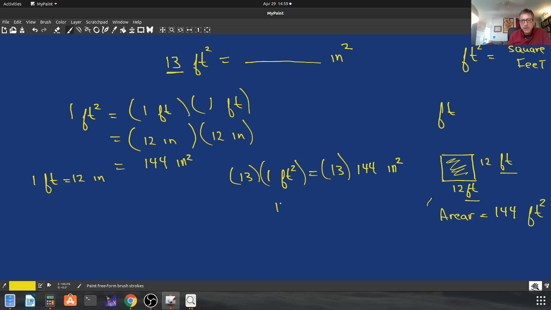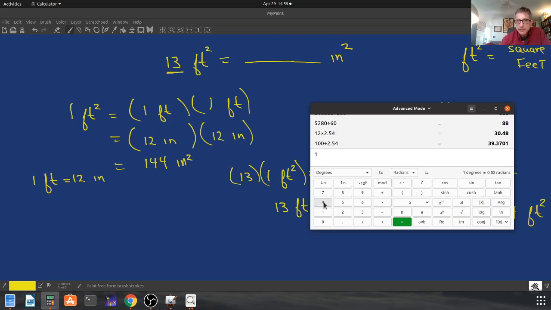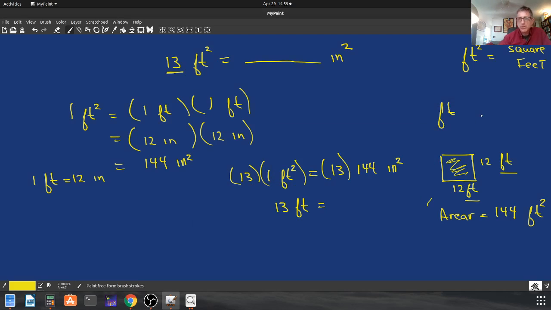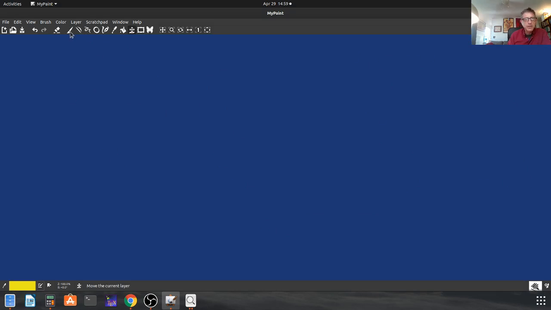That gives me 13 square feet is equal to 13 times 144, and that's 1,872 square inches. Not so bad. You just break things up into really simple patterns.